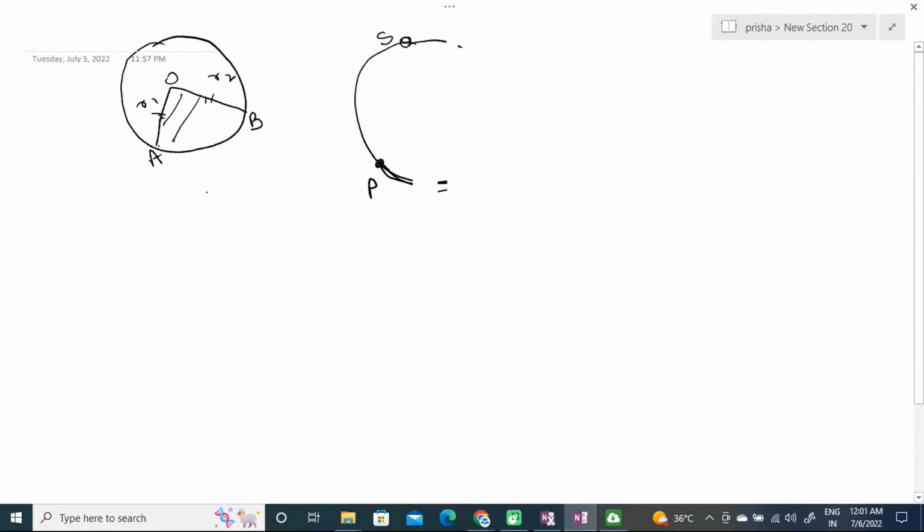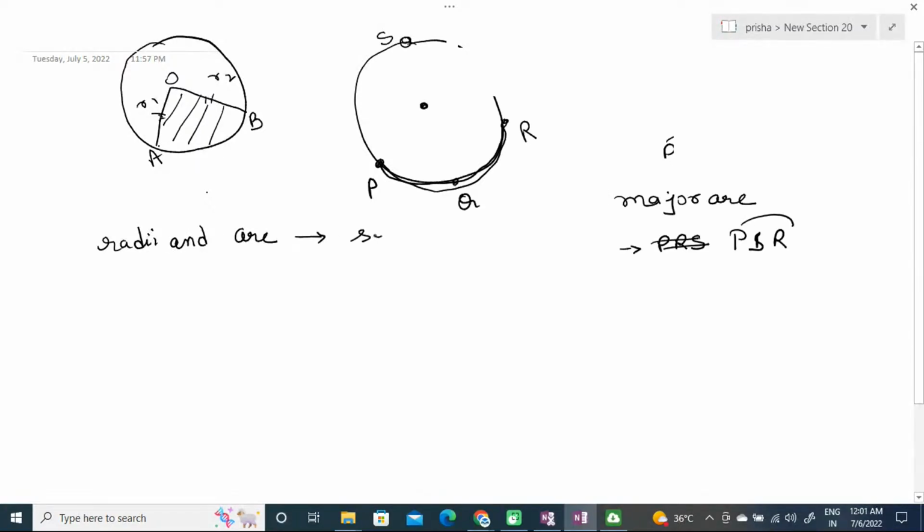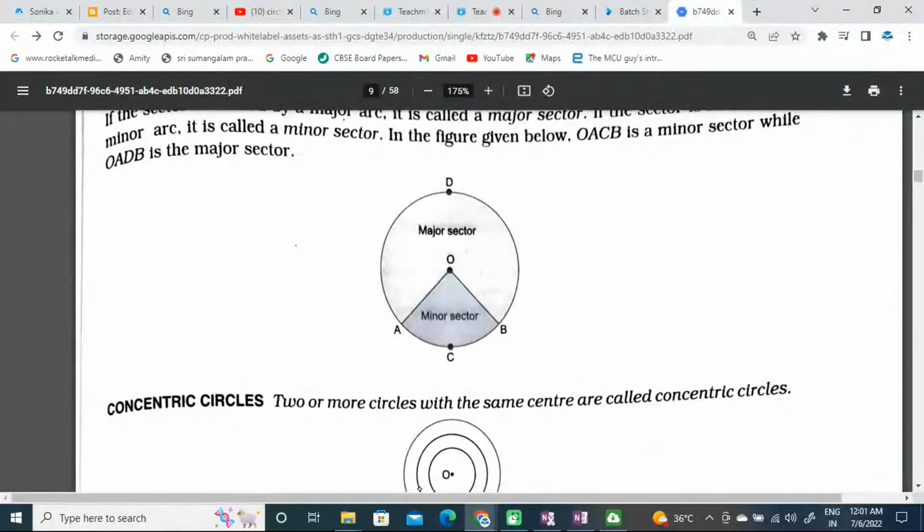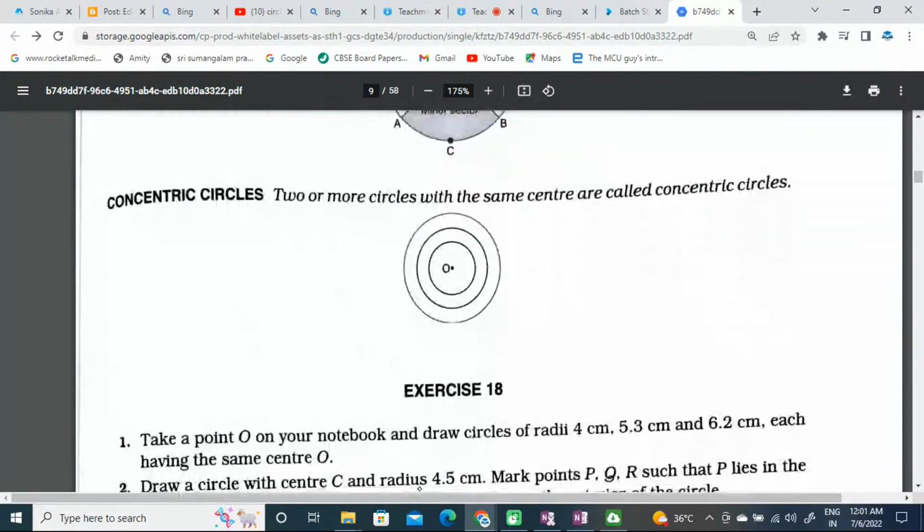So the area enclosed between the radii and the arc, this area is termed as a sector. So now there are two types of sectors, major sector and minor sector. Now comes to the concentric circles.